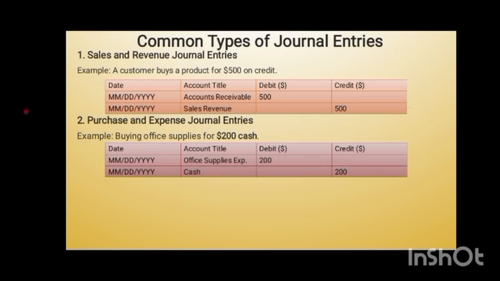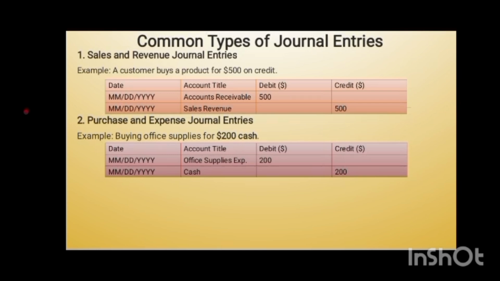Here as the office supplies are increasing, office supplies we are getting in the business, it means it has increased the asset of the business. So when the asset is increasing, it will be debited. So $200 of office supplies will be debited. What is the other account? The other account is the cash. As we have paid the cash, it means the cash has gone from the business, going out.